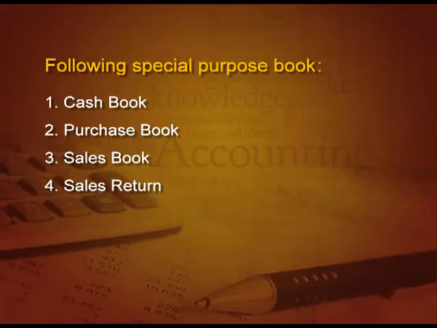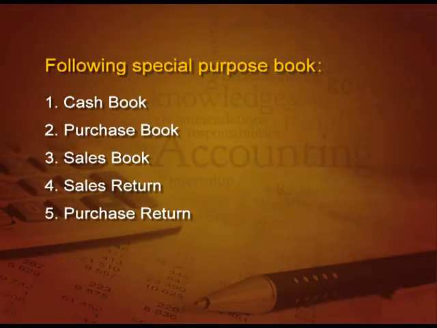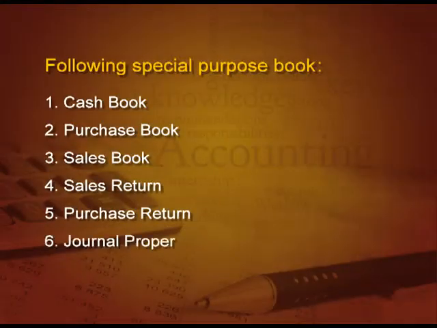Sales return, credit sales return, purchase return, credit purchase return, and in the last, journal proper, those entries which do not find any place in the above mentioned books are recorded in journal proper. As I have told you, rectification entries and adjustment entries.